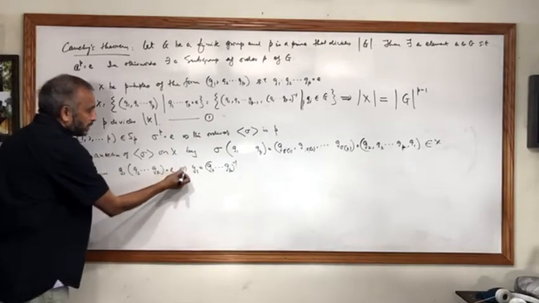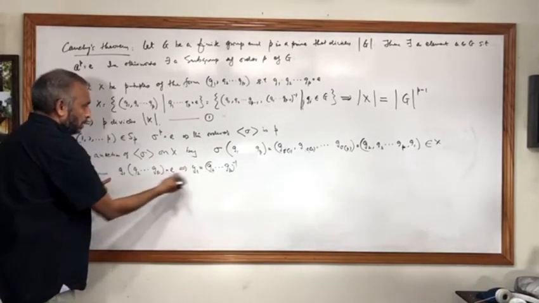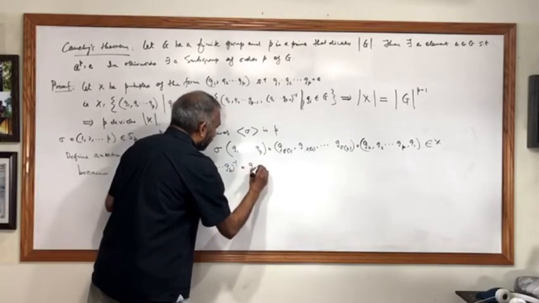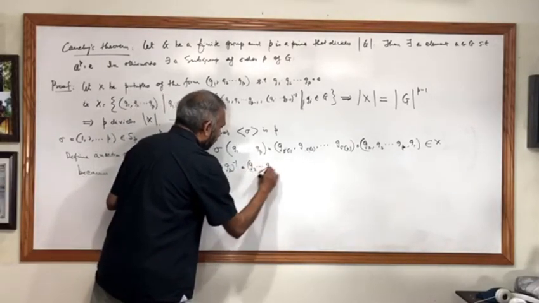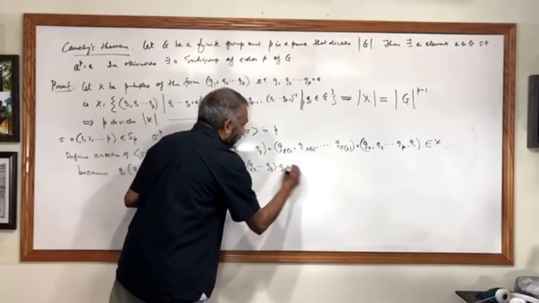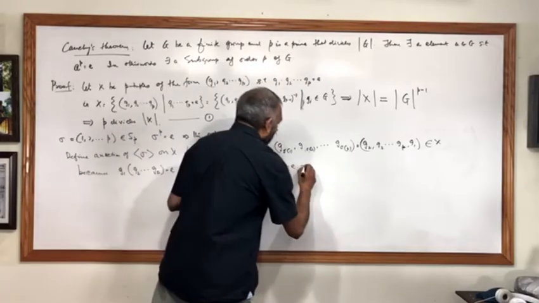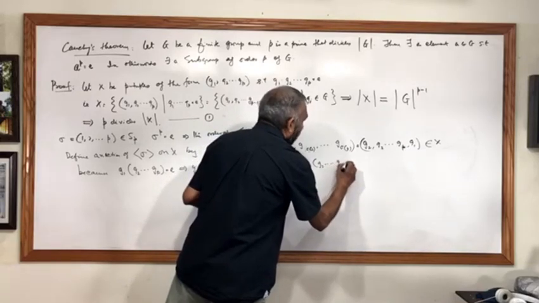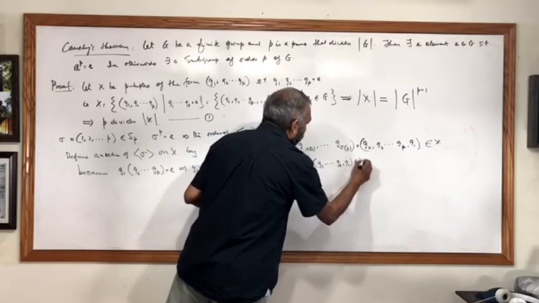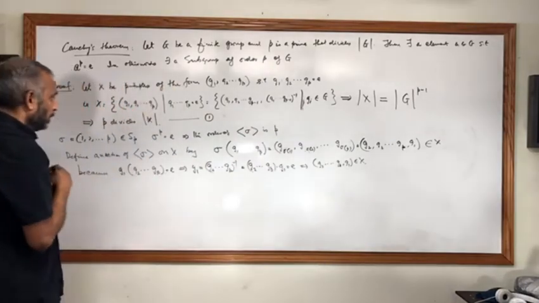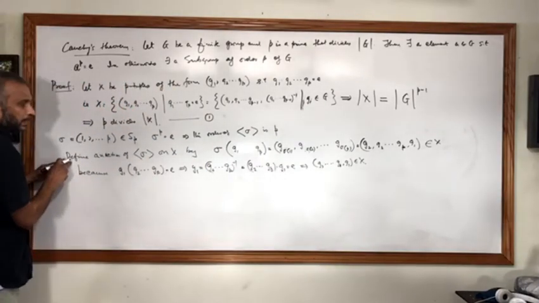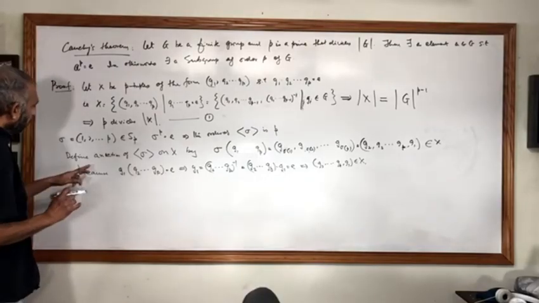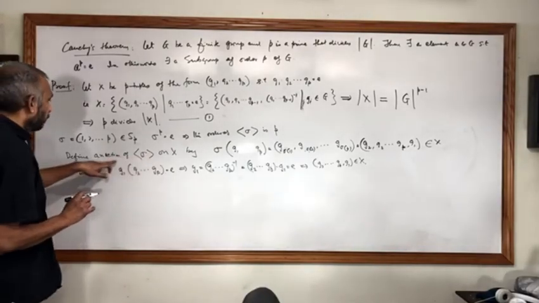So the inverse commutes with each other. This means that g2 ... gP times g1 is equal to E, and that implies (g2, ..., gP, g1) belongs to X. So this is a well-defined action. So this definition of action is valid.